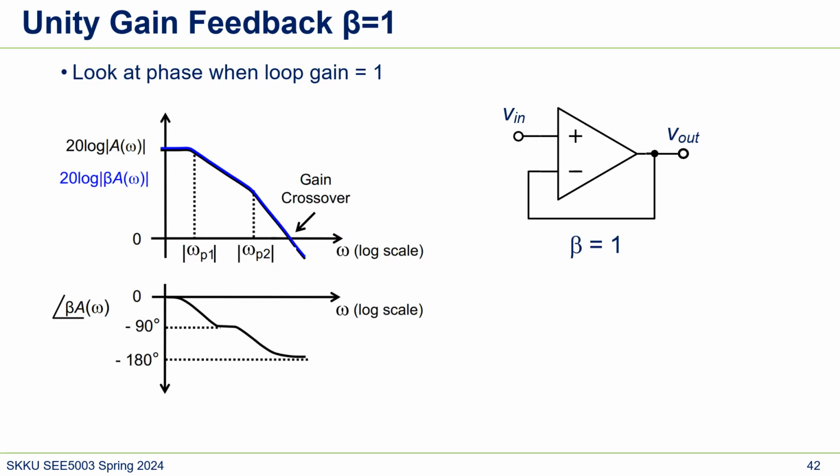In this example, since beta is 1, the open loop gain and the amplifier gain are the same here. So what is the phase margin? It's like 180, right? The phase margin in this example is 0, which is not good. We need to change the design of this amplifier.